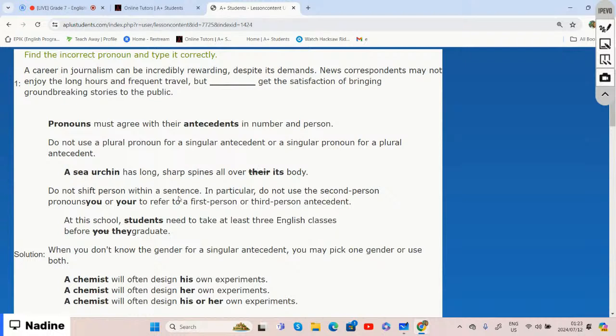And if we look at an example, right? So it says that do not shift person within a sentence, which means that we should not use the second person pronoun, which is you or your, to refer to the first person or third person antecedent, right?